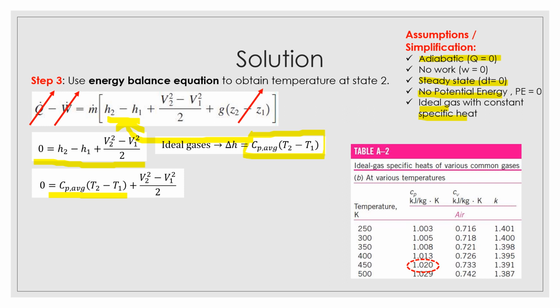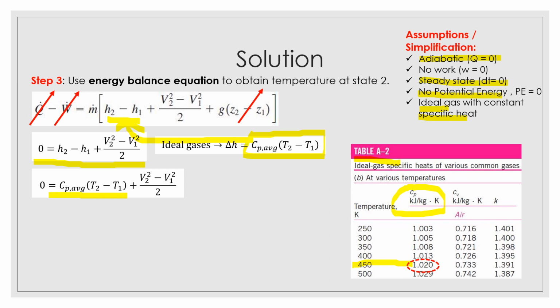Okay, so how to determine the Cp? We just refer to the table for Cp, kilojoule per kilogram Kelvin, and then pick the equation, pick the temperature 450 equal to 1.020 kilojoule per kilogram Kelvin.